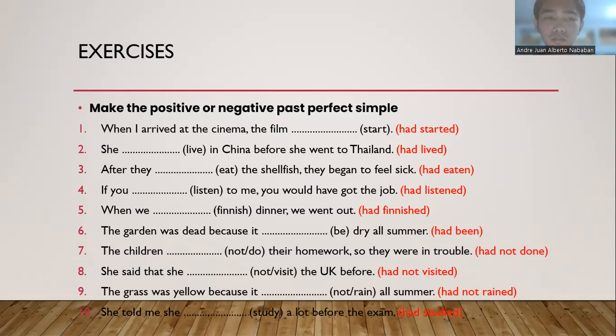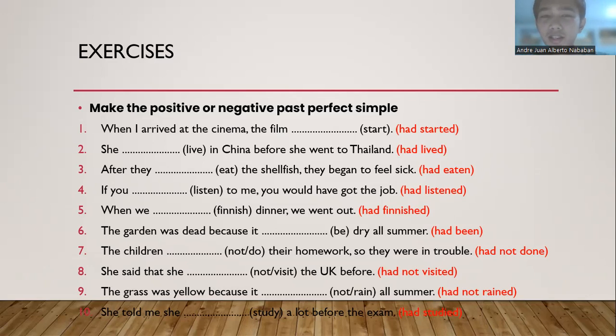So yeah, we continue to the first exercise, guys. Let us do it together. When I arrived at the cinema, number one, guys, the film blah blah blah, start. So what is the answer here? We can easily tell that this is a past perfect simple exercise, and it is shown that the main sentence uses the past simple tense.